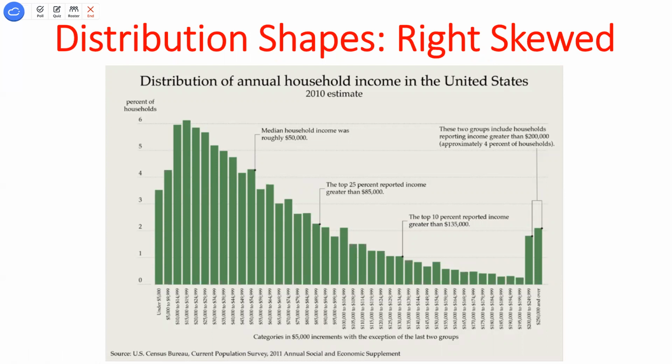You could continue to extend this graph by $5,000 bins all the way up into the millions. But instead they just said, here's all the people that are making these higher amounts of income. What we can see here is the majority of households have relatively low income amounts, right? That's where we see the highest bars.